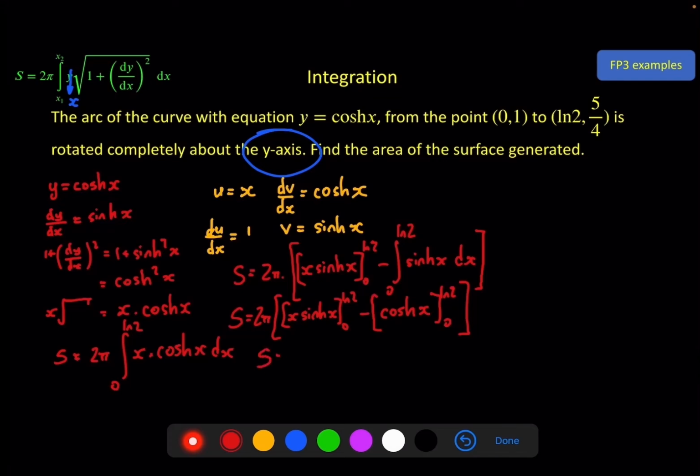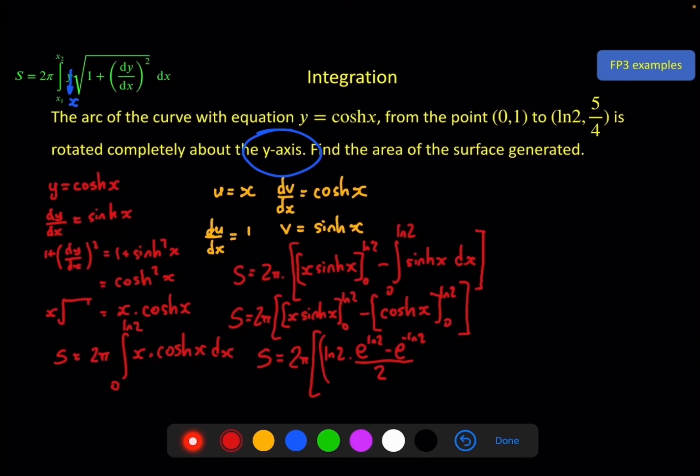So I'm using quite a lot of space here. I've got 2 pi times log of 2 times sinh of x, and sinh is e to the x, so that's e to the log 2, minus e to the minus x, so that's e to the minus log 2, all divided by 2, minus the 0, because the 0 bracket is obviously 0.